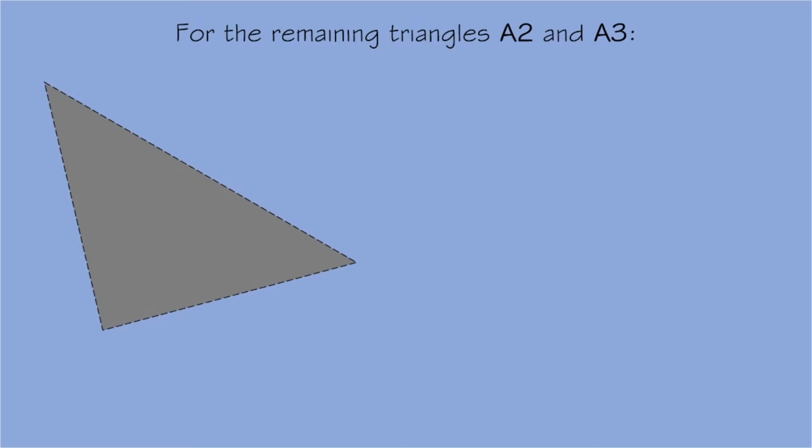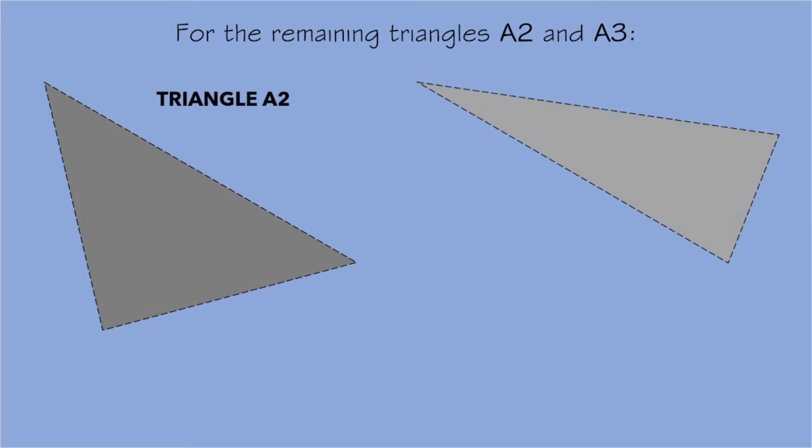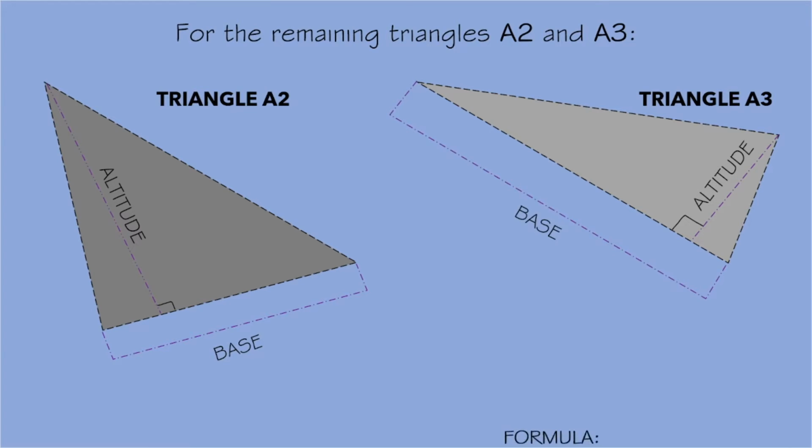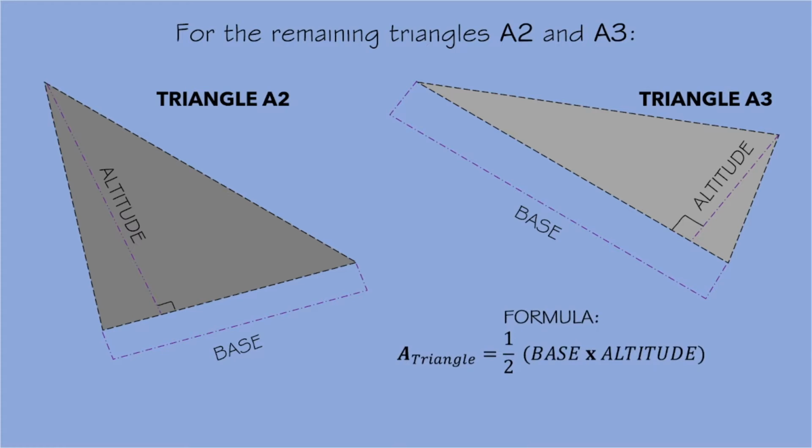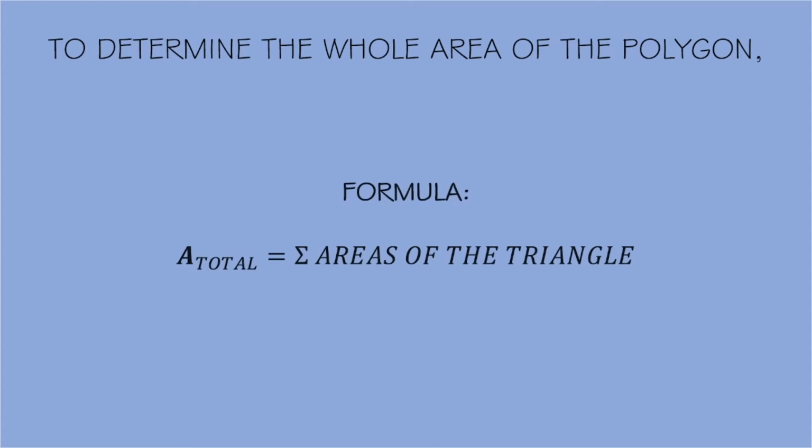For the remaining triangles A2 and A3, compute the area of each triangle with the same formula of base times altitude multiplied by 1/2. To determine the whole area of the polygon, add up all the computed areas of each triangle.